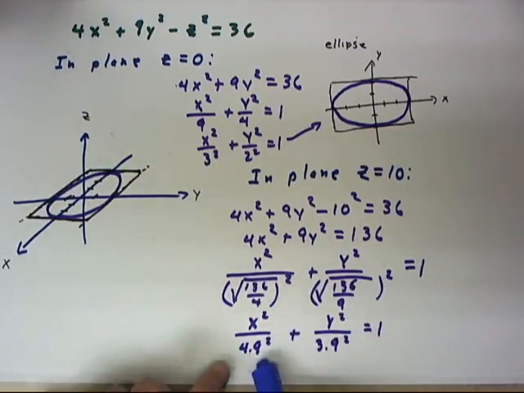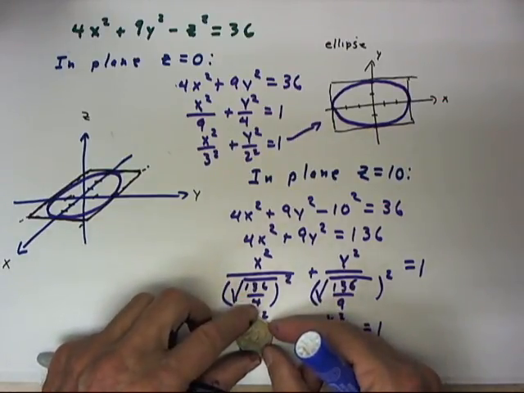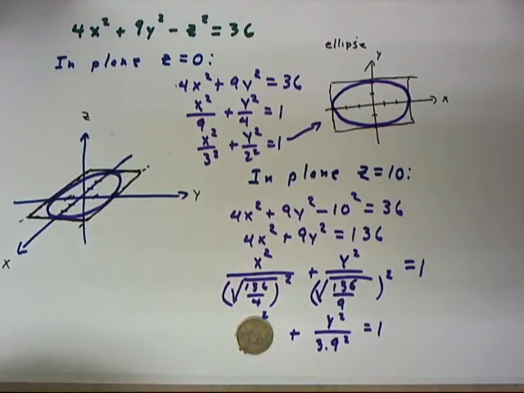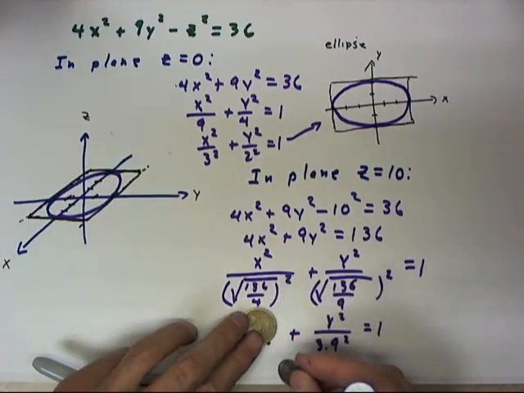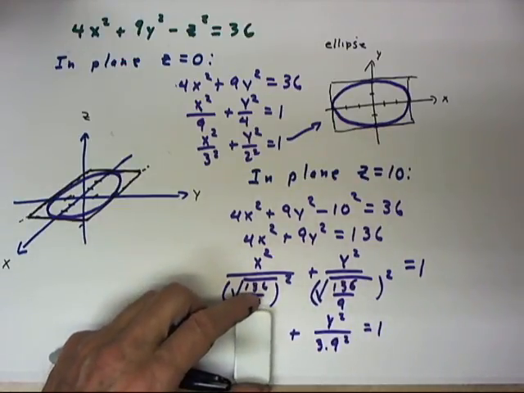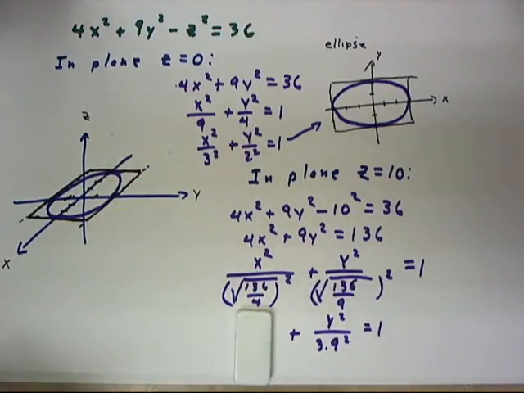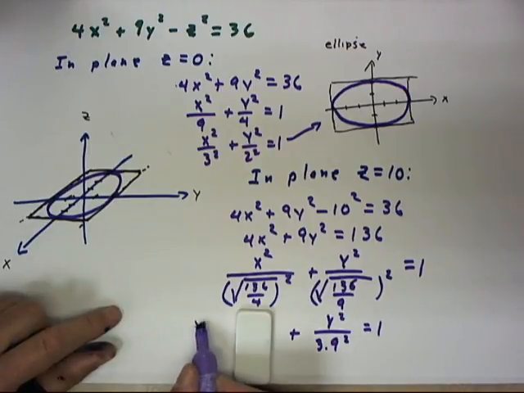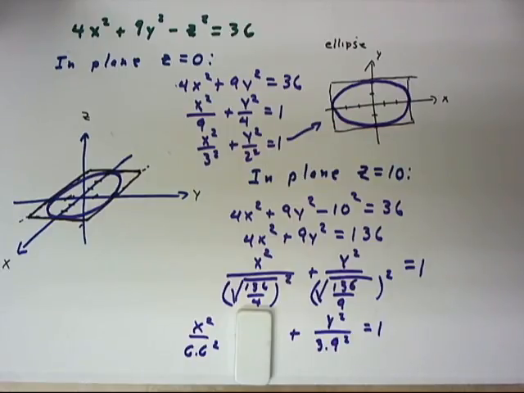So these numbers aren't proportional to these, so my 4.9 should really be the square root of 44. Can't think about that and do this at the same time. The square root of 44 is going to be between 6 and 7, a little closer to 7, so I'm going to say this is about x squared over 6.6 squared.